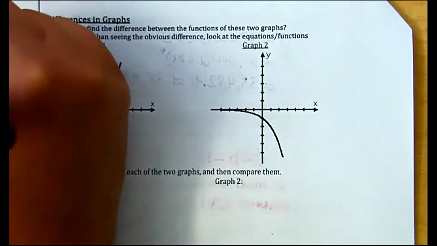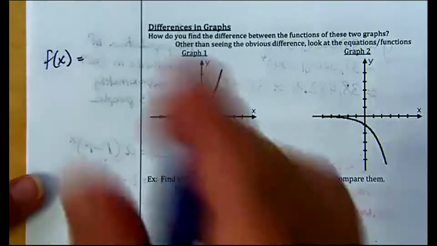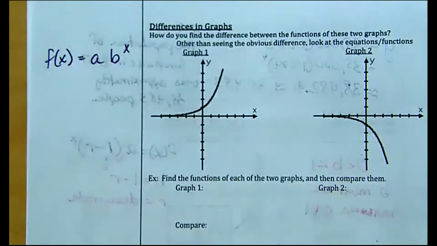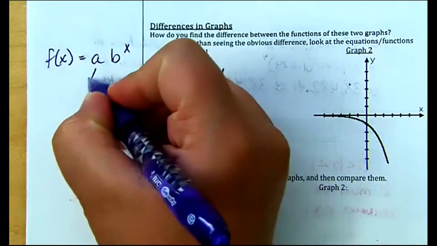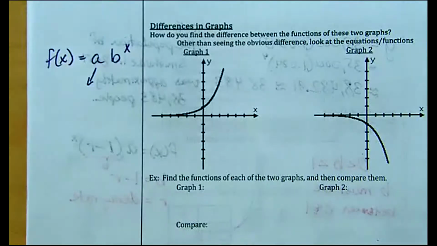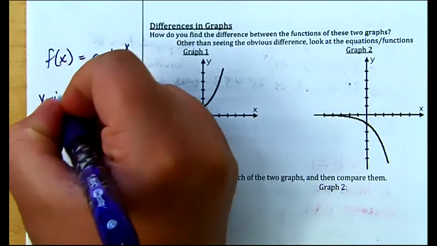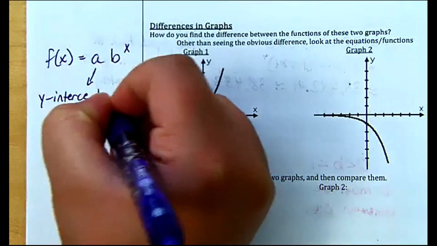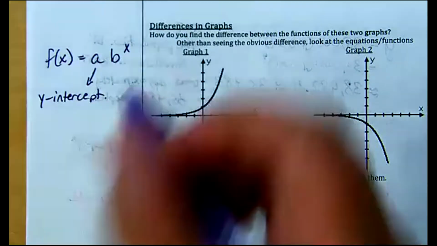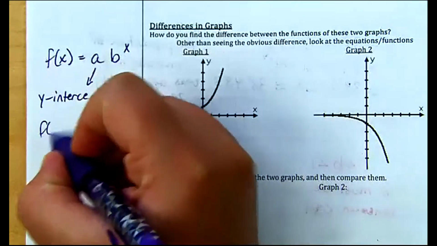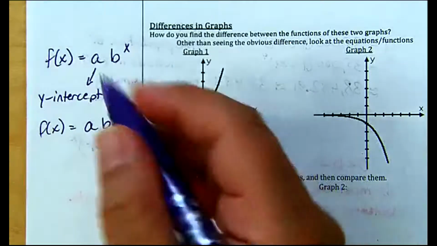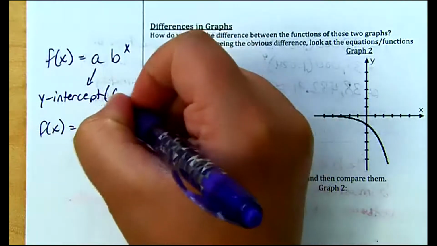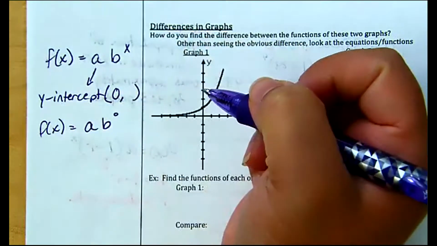Remember that we have our function f of x is equal to a b to the x, okay? And in a situation like this, it's really important to remember one little tidbit here, that a is actually the y-intercept. It's our starting point, right? Because if I were to do f of x is equal to a b to the 0 power, which is our y-intercept, it's always 0 comma something, right?